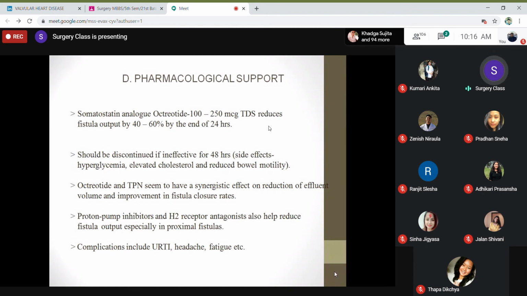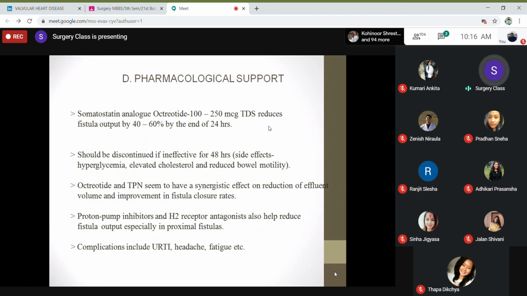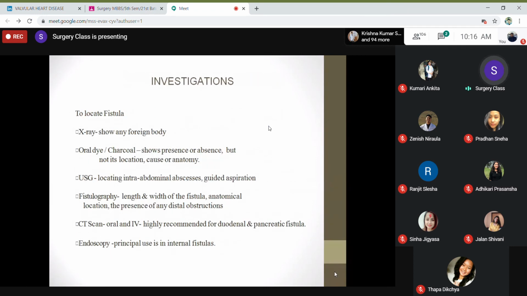But if you use somatostatin, the pancreaticobiliary and intestinal secretions will be significantly reduced. But whether it will help in fistula healing, nobody knows. It is controversial, but still people use it if it is a proximal fistula or a pancreatic fistula.